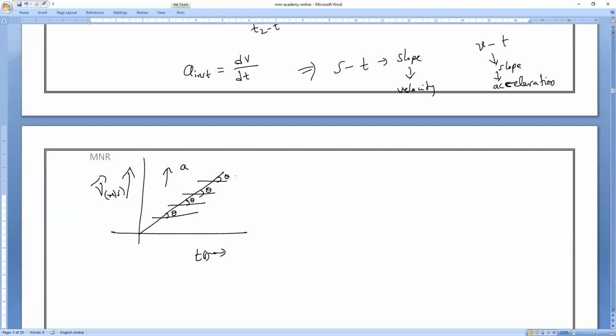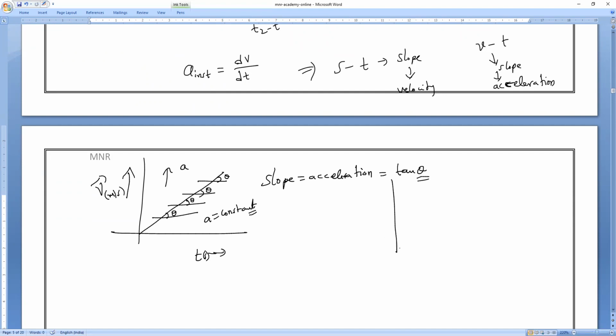Acceleration remains constant because the slope is constant. Keep in mind, slope is equal to acceleration, which is equal to tan theta. Understood? So in this case, a is constant.